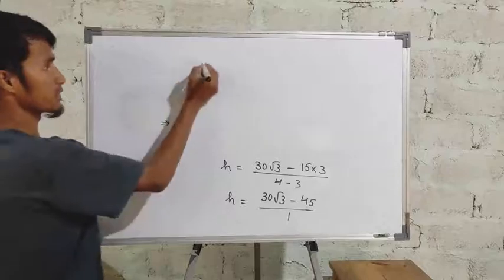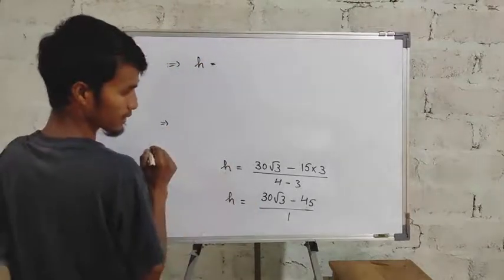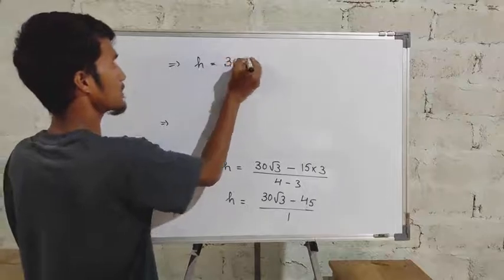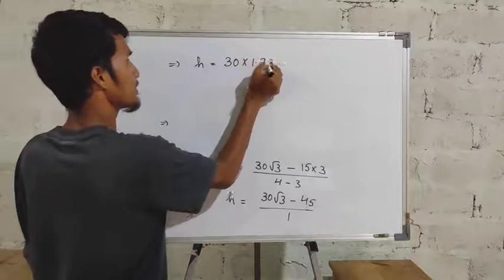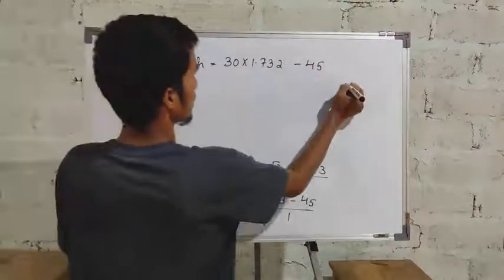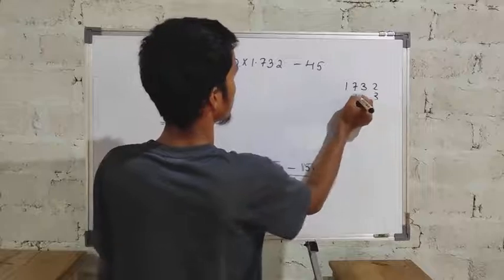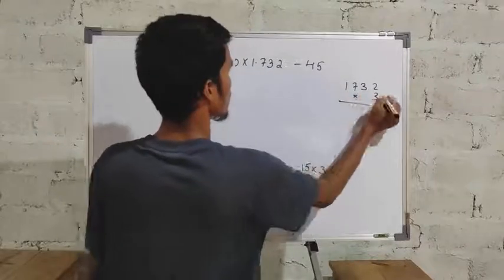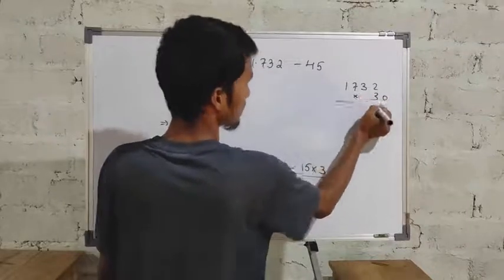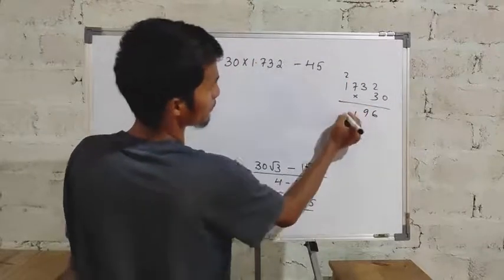Okay, now easily we can solve it. h is equal to 30 root 3, then 30 into 1.732 minus 45. Okay, then 1732 multiplied with 3. Then 3 into 2, 6, 3 into 3, 9, 21. 3 into 1, 3, 4, 5.